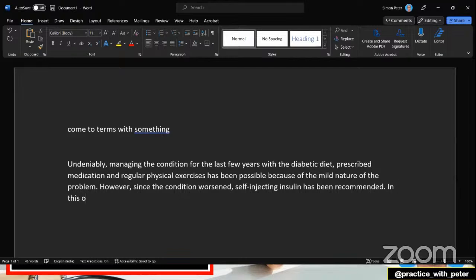In this context, rather than grieving, coming to terms with the present situation would be profoundly beneficial.